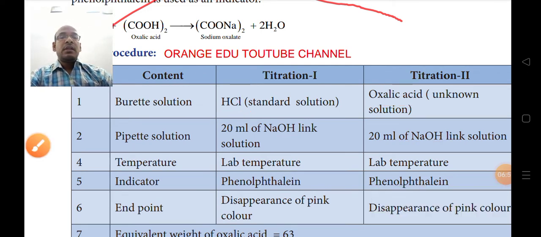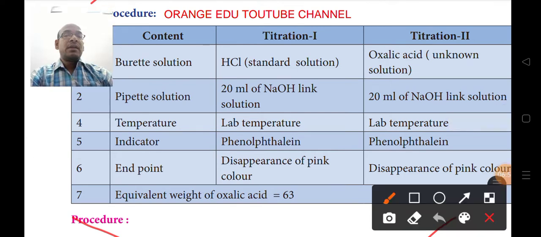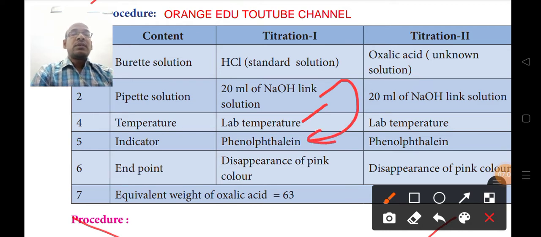Now temperature is always lab temperature. Indicator: if you use the sodium hydroxide, we use phenolphthalein as an indicator. End point is disappearance of pink color.